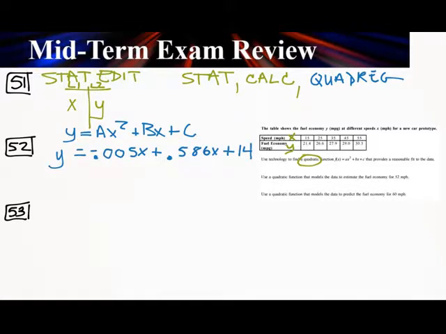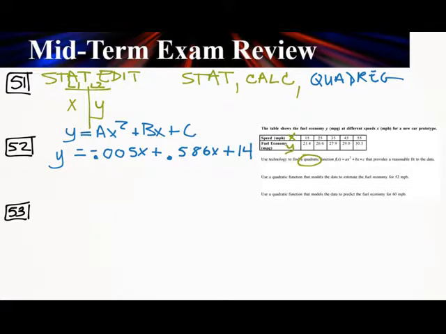What I've done is round to 3 decimals if needed, or I just left it alone. So my new equation is y equals negative 0.005x squared plus 0.586x plus 14. If your numbers are off slightly, it may be your rounding, and you're going to have to be careful of that when answering the question.